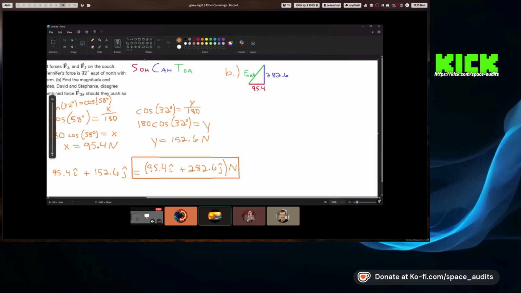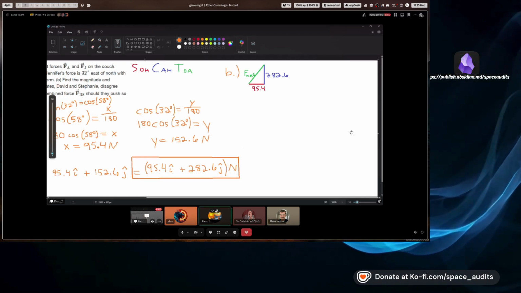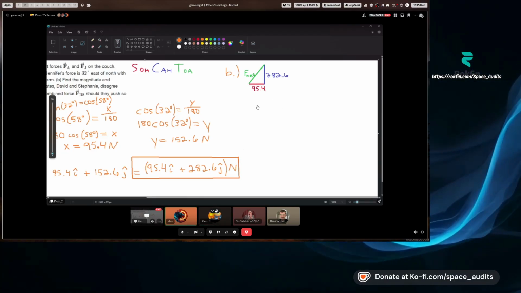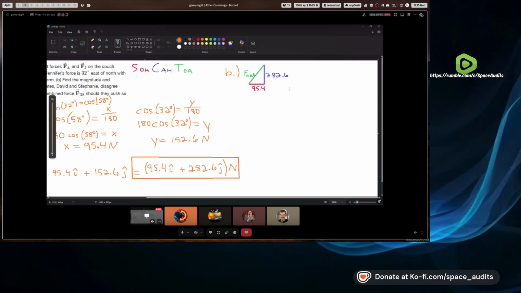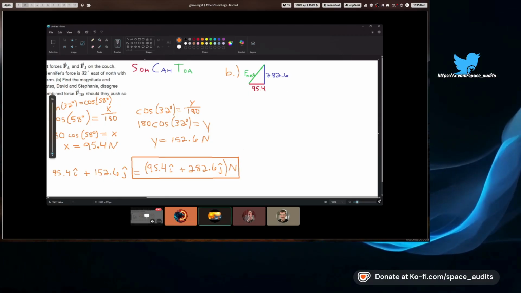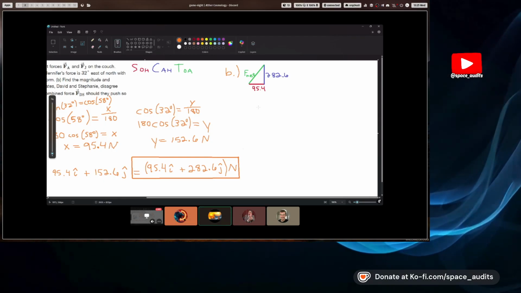We need to use what theorem? The old Pythagoras. Right. So we say a squared plus b squared equals c squared, right?